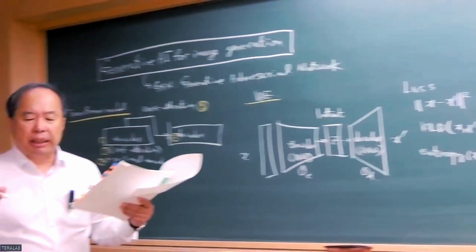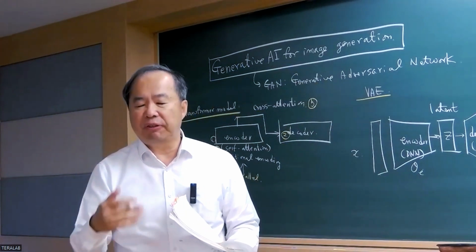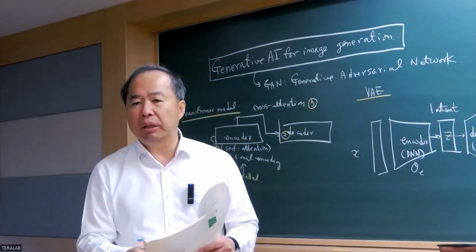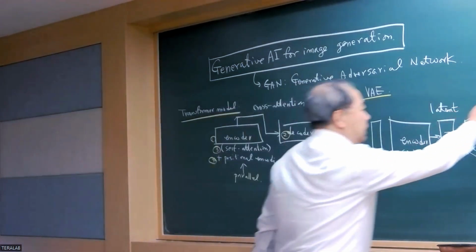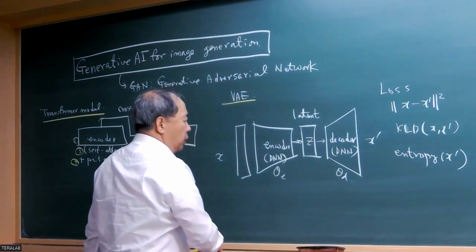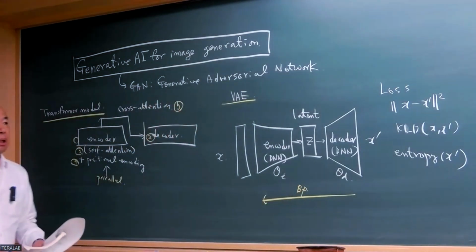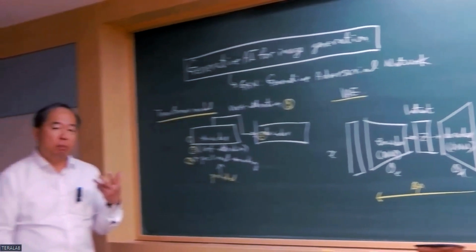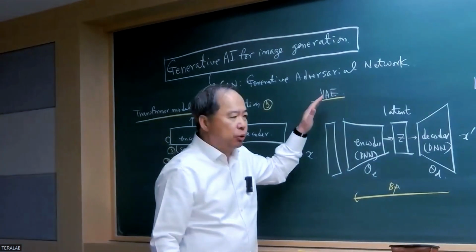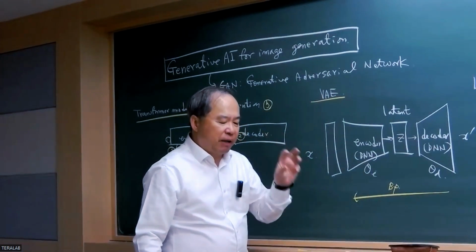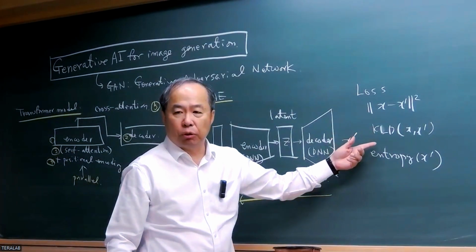At this moment, I would like to give you the overall architecture and loss function of numerous different types of generative AI models for image generation. By defining the loss functions, if there is some loss, we can go back through the backpropagation. During the backpropagation, we may need some loss function. In the actual case of variational autoencoder, we are defining the loss function by combining these three different types of loss.